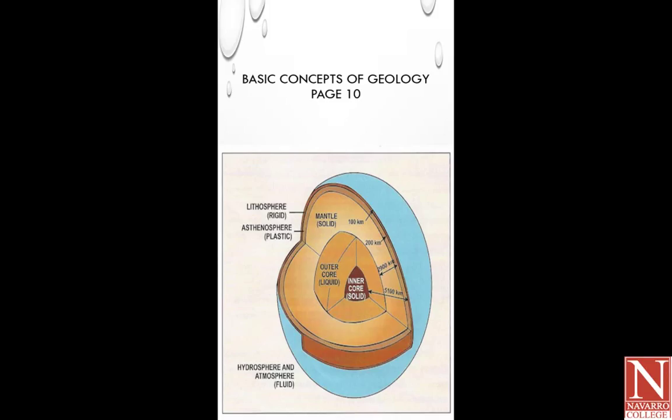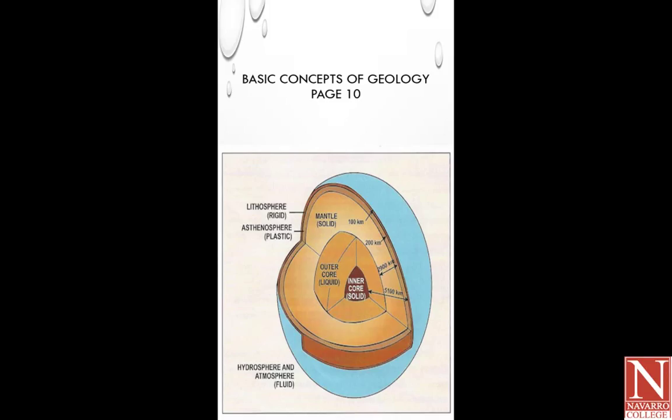The core is made of two parts: the inner core, which is solid, and then you have the outer core, which is a liquid. Then you have the mantle, which is a solid, and then you have the crust on top, the thing that we're walking on every day, the crust.